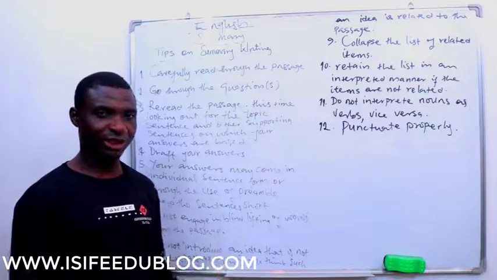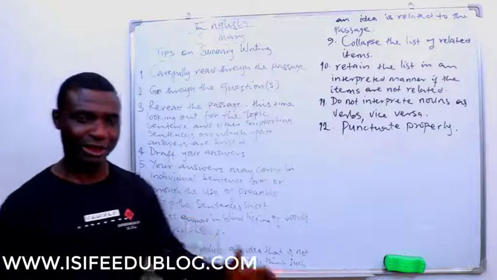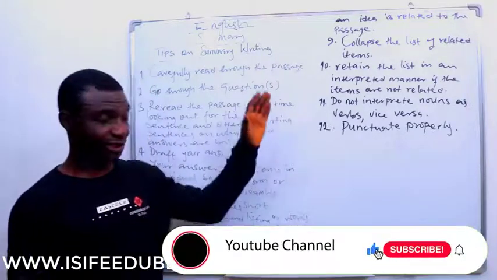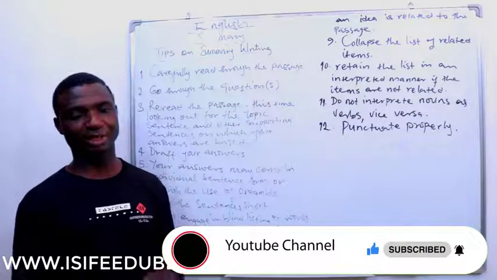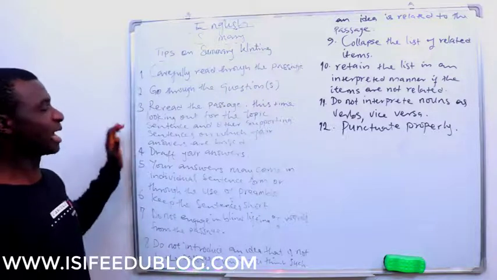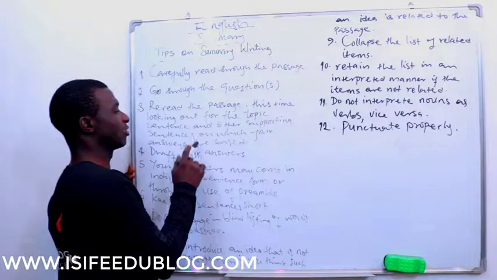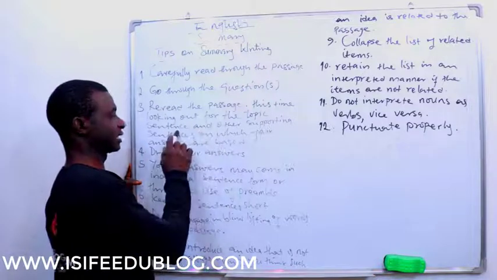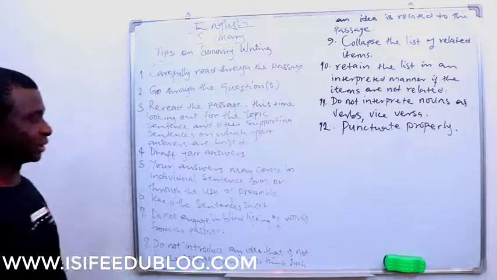The second one may say in 2 sentences, 1 for each. The last one may say in 1 sentence. Read these 3 questions, 2 or 1 question as they may be. After reading the question, you go back to the passage. This time, you are looking out for the topic sentence and other supporting sentences on which your answers are based.